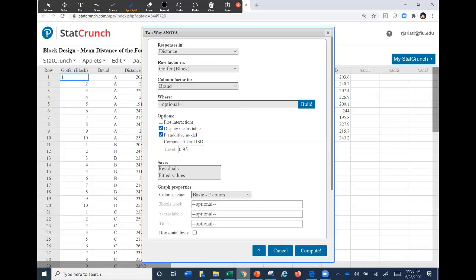The effect of the brand and golfer will be added to obtain the distance of the ball. But there is no interaction between golfer and brand. There is no relationship between golfer and brand that could affect the distance. Let's also compute Tukey to compare all means, and click compute.